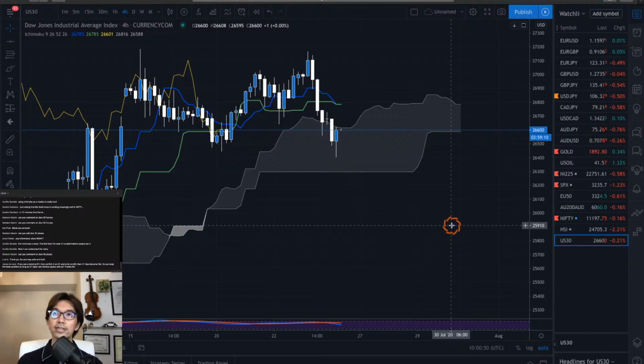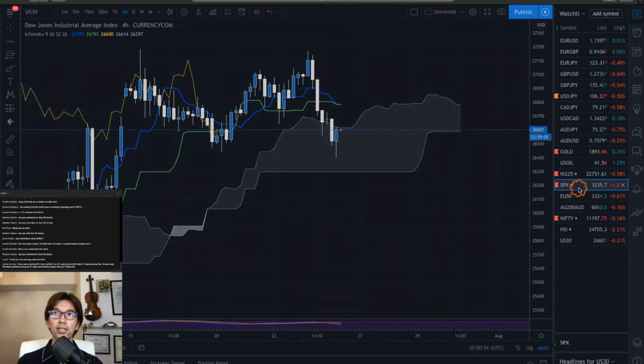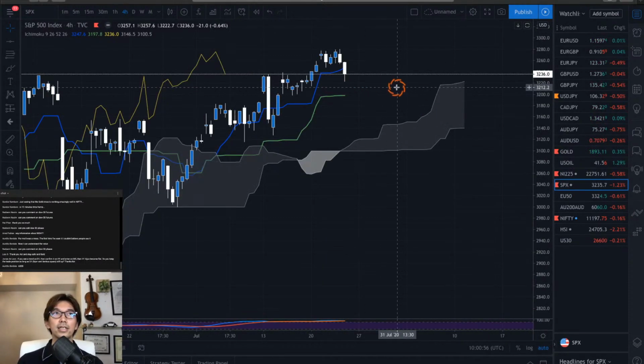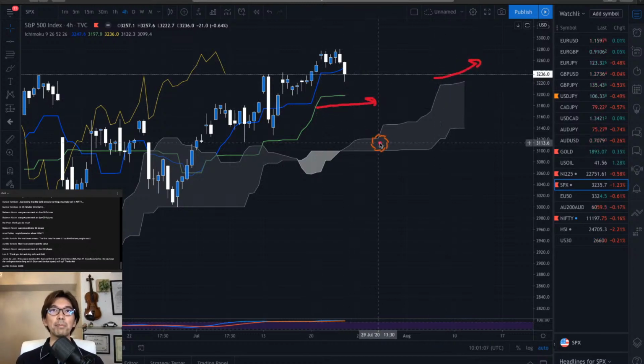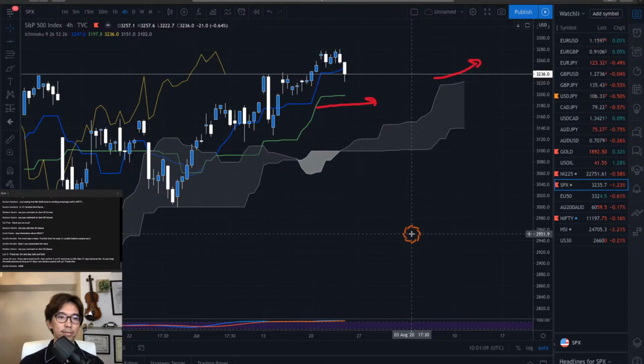But on the S&P 500 daily chart, I see an uptrend. Yeah. S&P 500 index, this Kumo is up. I mean, Senkou Span A is technically up, and Kijun Sen is upwards. So this is an uptrend to me, but not the US 30.